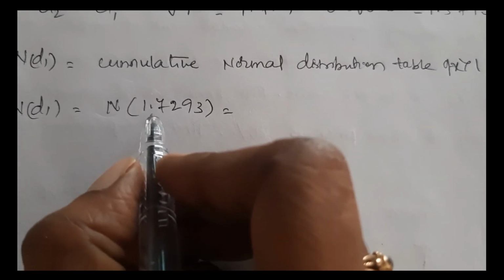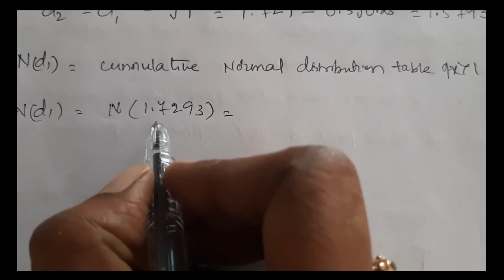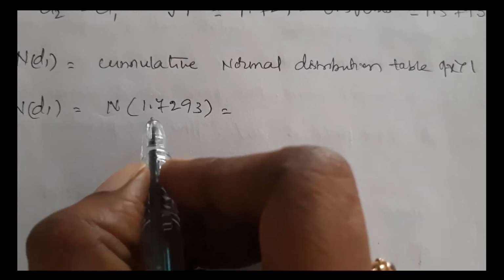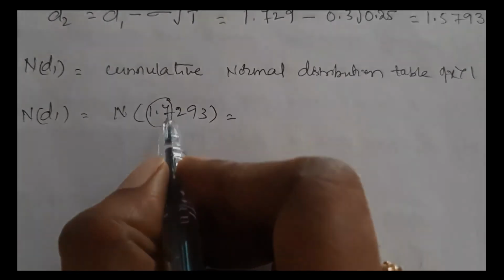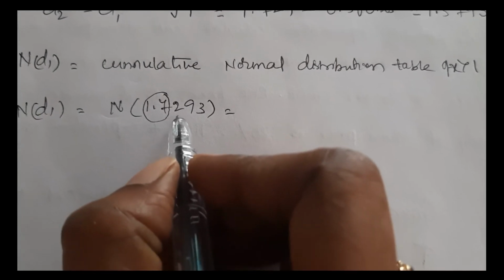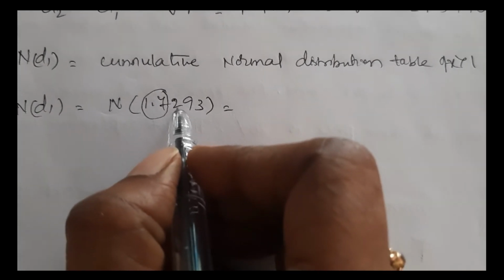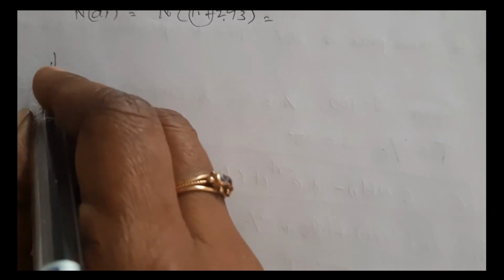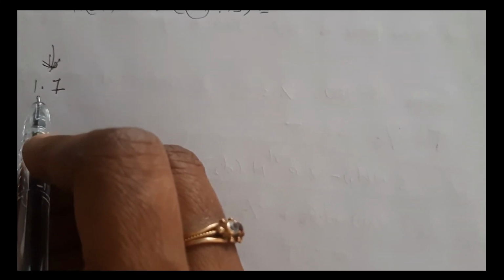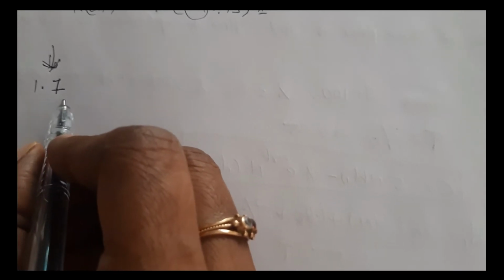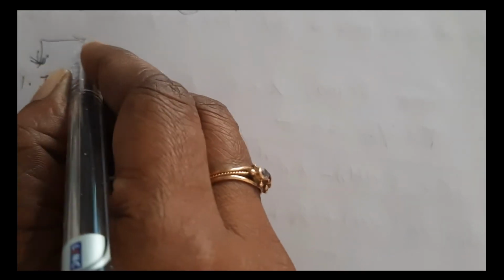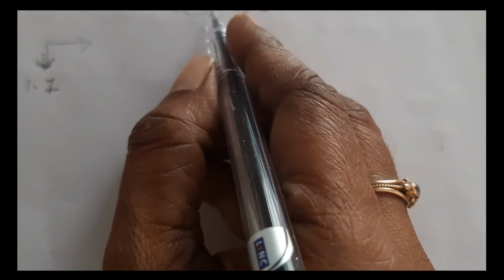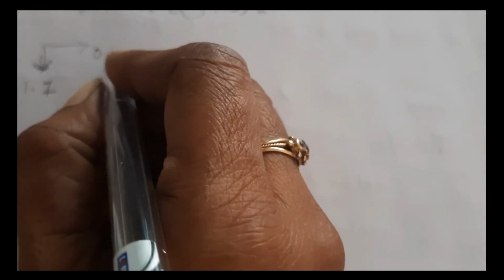Initially in the column we should take 1.7, and the corresponding row, at 2, we need to consider. First of all we need to look into the column of the cumulative normal distribution table at 1.7, and later on look into the row at 0.02.